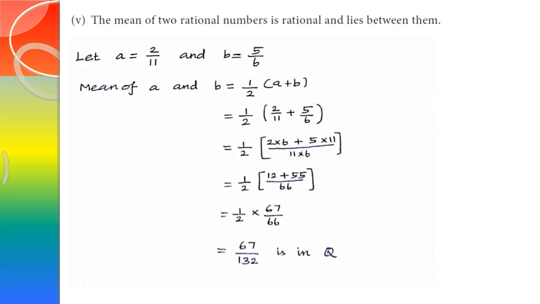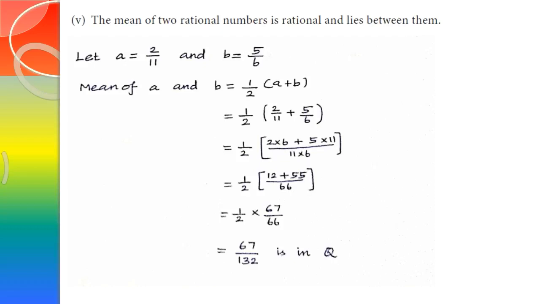Cross multiplication: 1 by 2 of (2 into 6 plus 5 into 11) divided by 11 into 6. Next step, 1 by 2 of (12 plus 55) by 66. Adding the bracket values, 67 by 66. So 1 by 2 into 67 by 66, the answer is 67 by 132, which is in Q, that is a rational number.